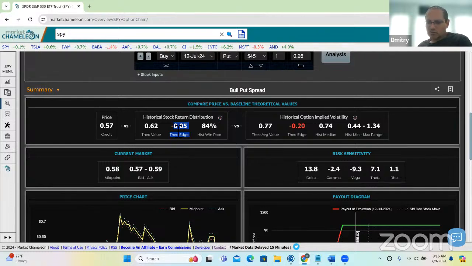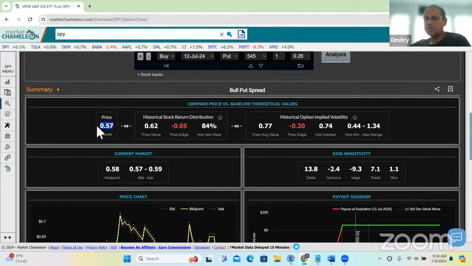How about the win rate though? It is below, right? But sometimes you could have some outliers, because this put spread could be worth $5 if the stock goes far down deep enough. So if we just use the 57 cents, historically, based on how the stock moves, how often would it have resulted in a profit?